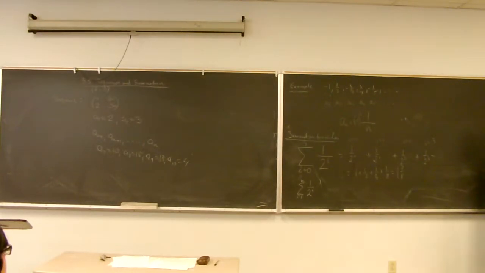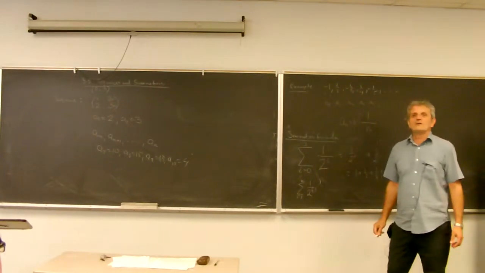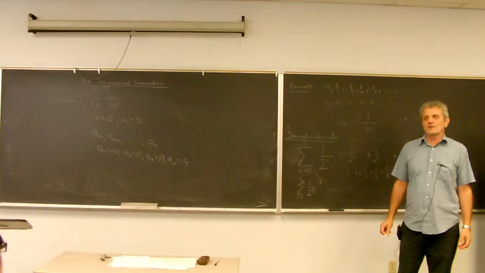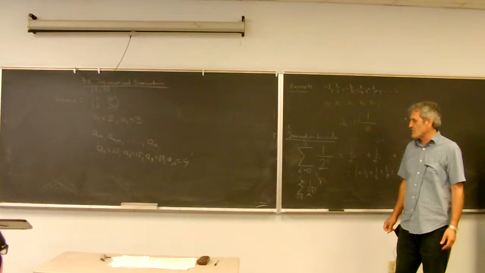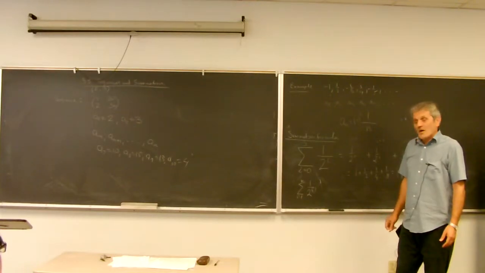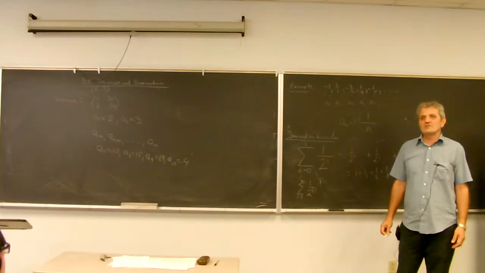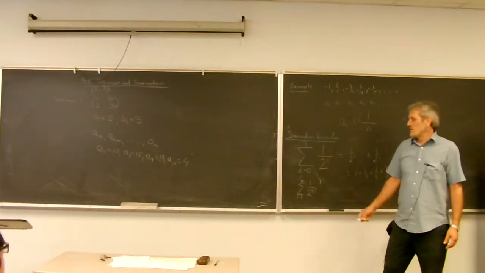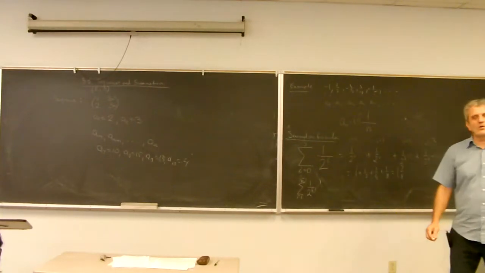Is i a bound variable or a free variable? Bound, the same way as a minute ago, because that's your variable of summation. It's a counter. But what is your free variable here that at the end has to show up in the result? What is it? m. Because I'm not disclosing here how far I want to go.